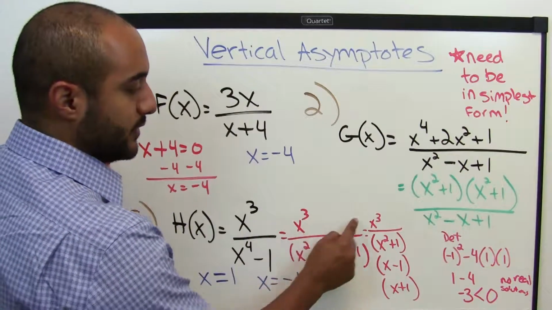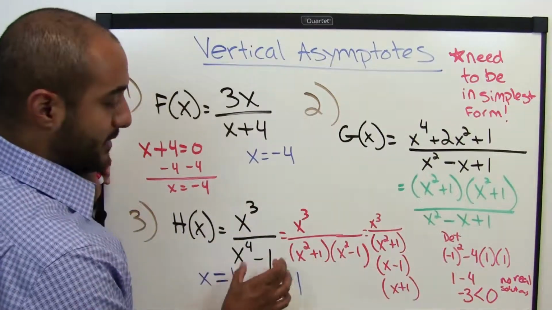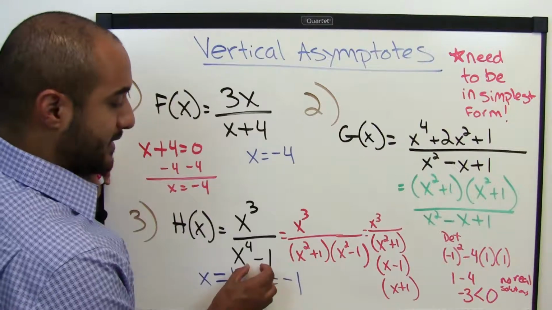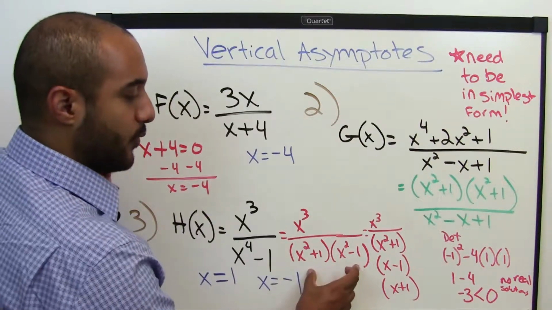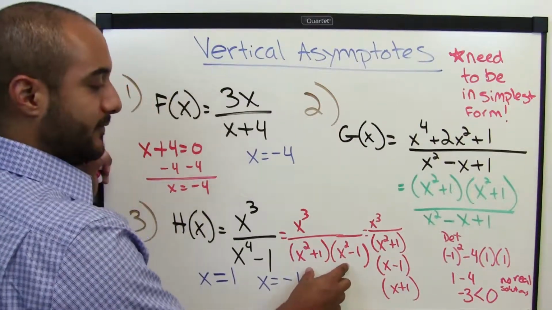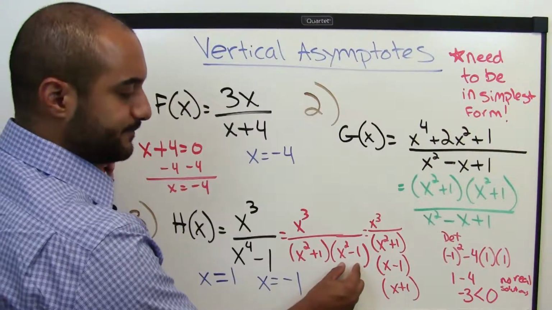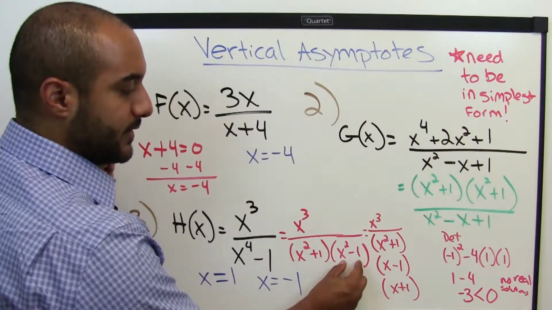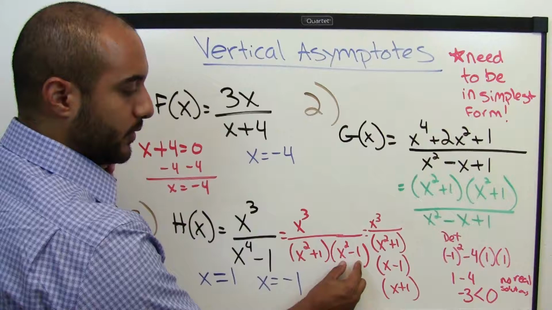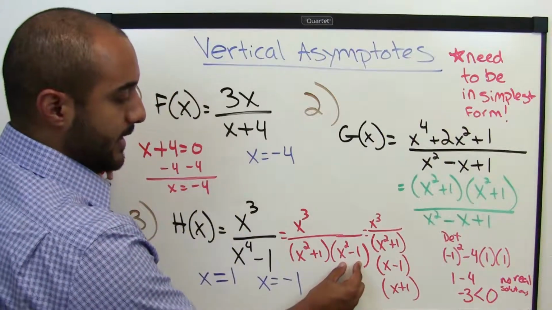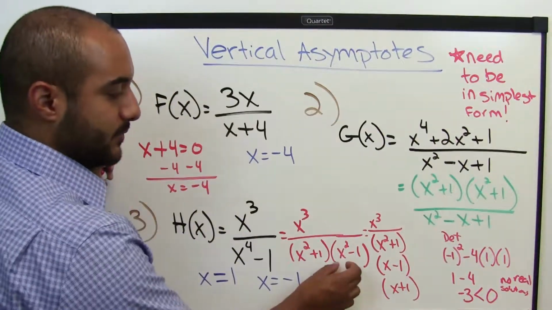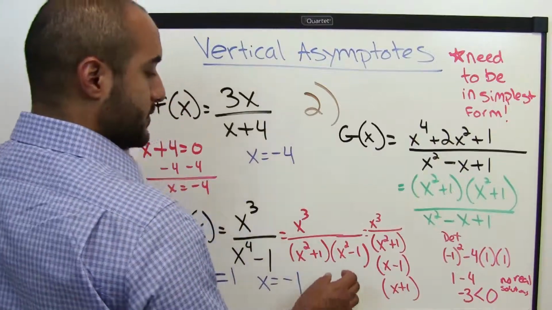So my x to the third stays x to the third, but my denominator, I have a difference of squares, so it breaks down like this. You could have stopped here and just solved this for 0, and you will get the same answer, but just in case I broke it down once more.